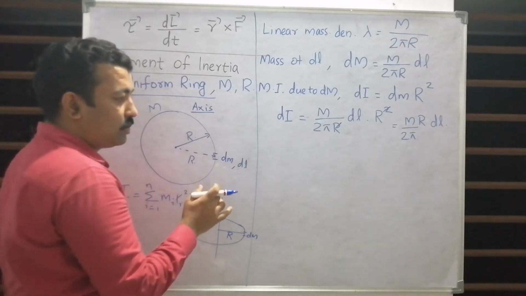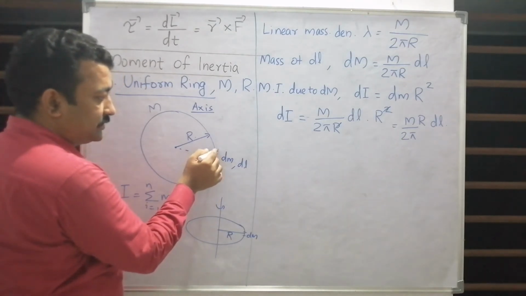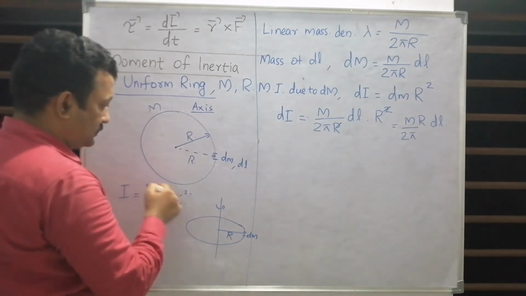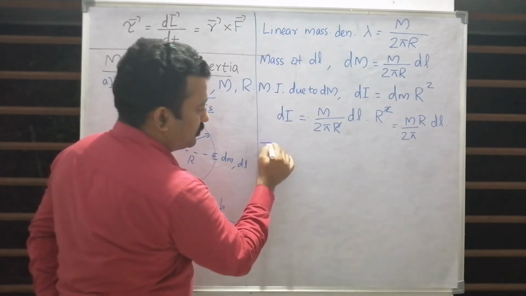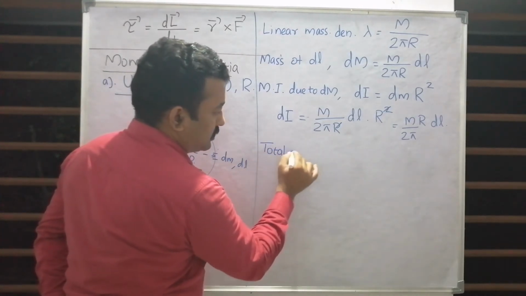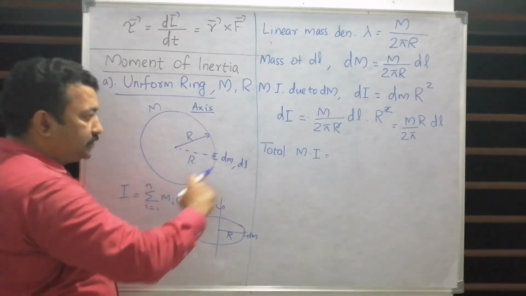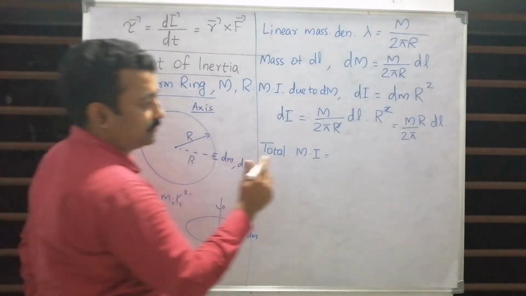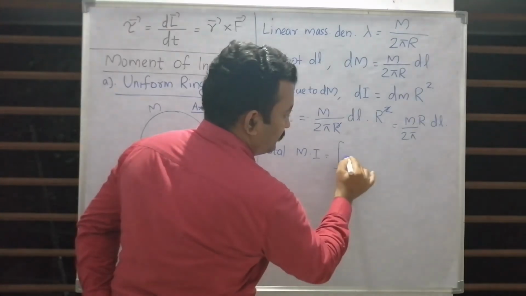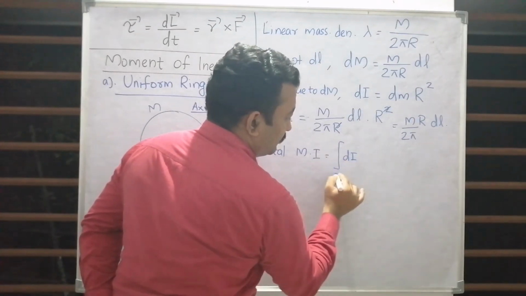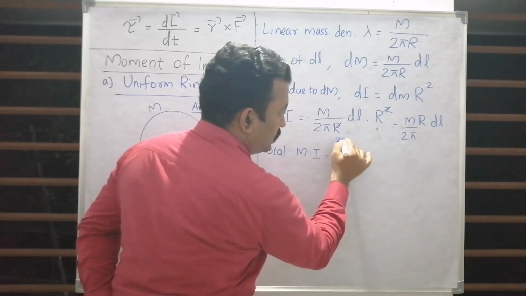So how can I find the total moment of inertia? I have to extend this dm over the total circle, so the total moment of inertia can be obtained by an integration through the circumference. So you can say integral of dI from 0 to 2 pi r.